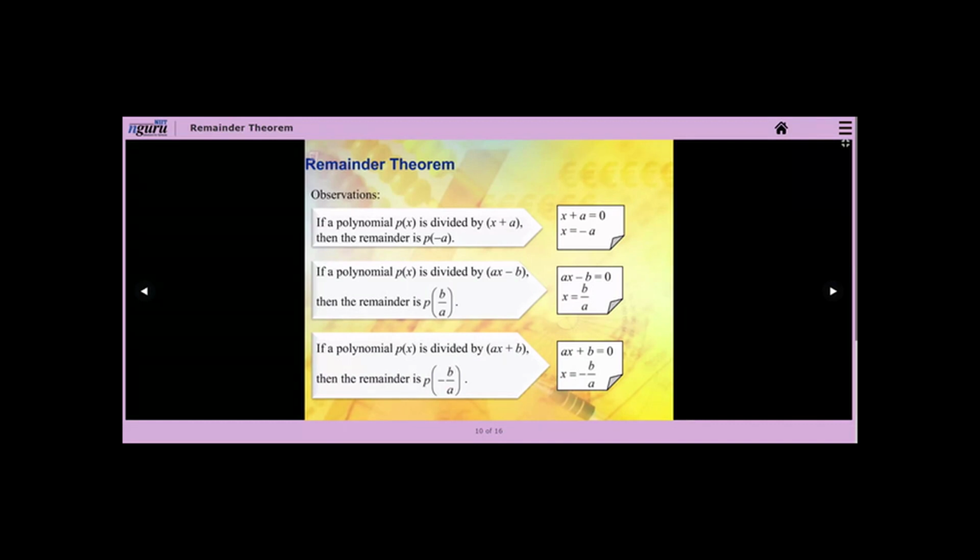When they give the question like, voice is not audible. Okay, I'll write the question here. When do you use the remainder theorem? For which type of question?